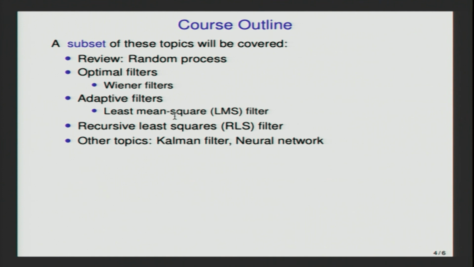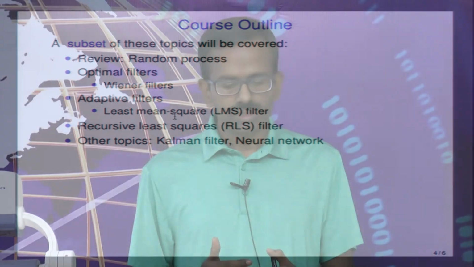And then we move on to look at neural networks, which is one basic but important application of adaptive filters. Nowadays they have become much more prevalent and popular because of deep neural networks. This course will not cover deep neural networks, but it will give you the basic ideas of how neural networks work and how they relate to some of the adaptive filtering concepts which we discuss in this course.